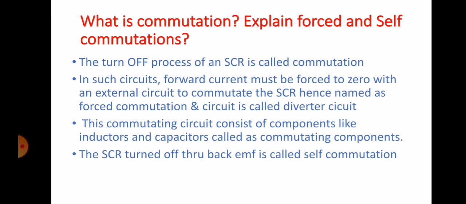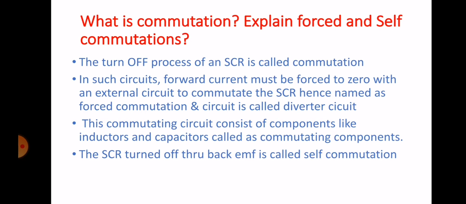What is commutation? Explain forced and self commutation. This is a very important question. Commutation is the process to turn off the silicon control rectifier in any VFD system. The commutation process is used to turn off the SCRs.